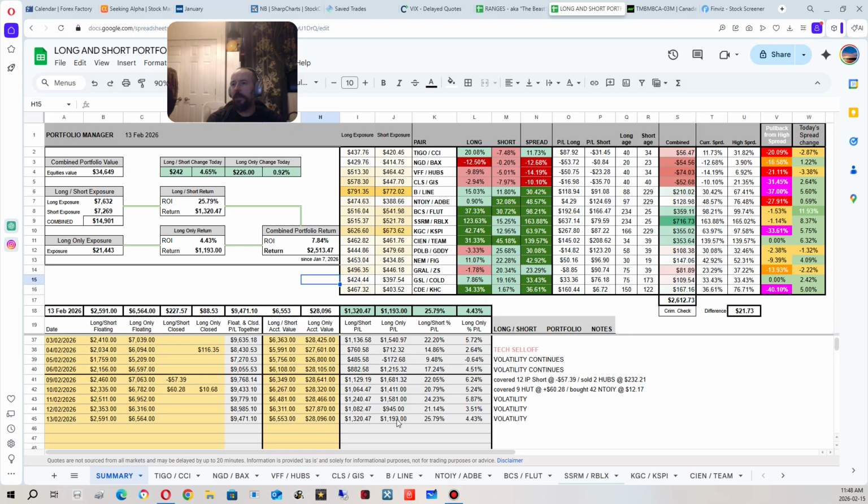I have 15 trades in this portfolio. What you see here is representative of my long short portfolio, my long trade and the short trade. TIGO versus CCI. This is the long, and that's the short, and these are the overall results. And if you've been following the channel, you know what the spread is all about. It's simply the distance between the two.